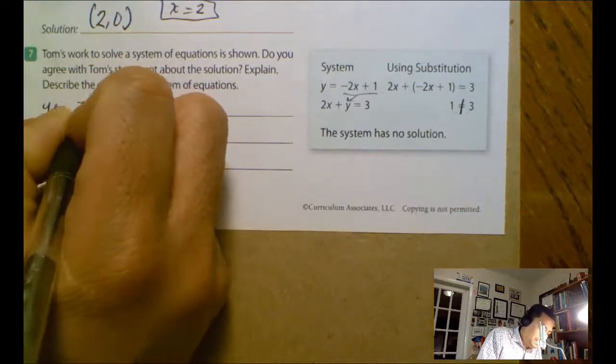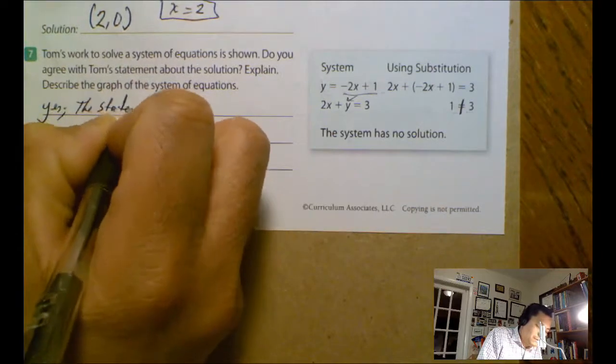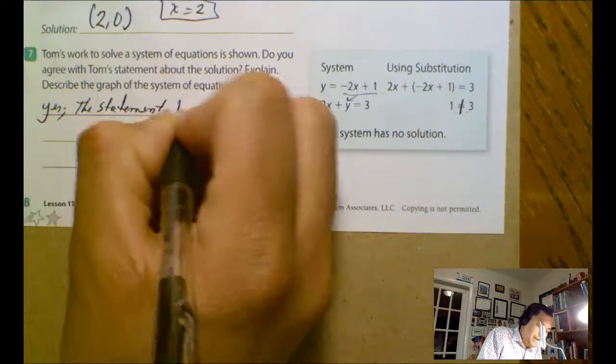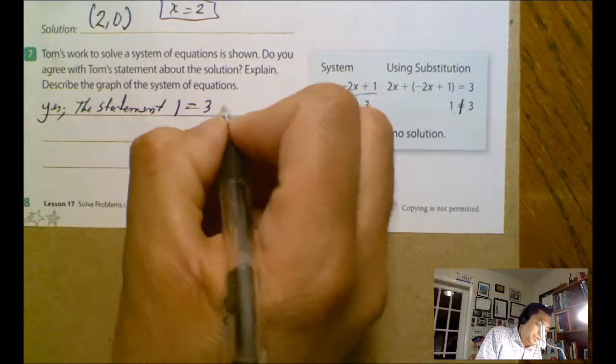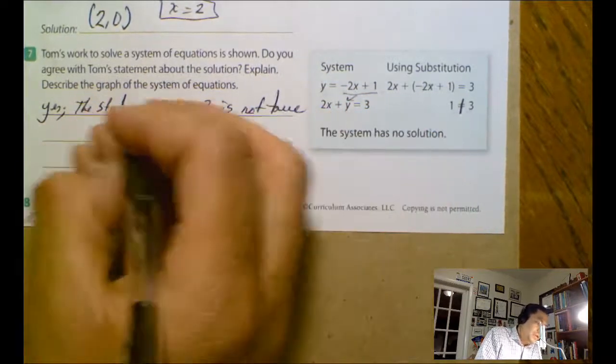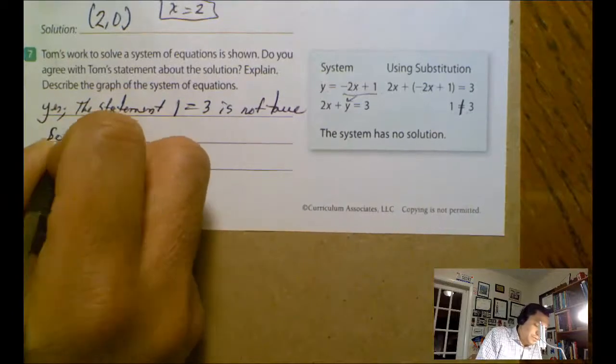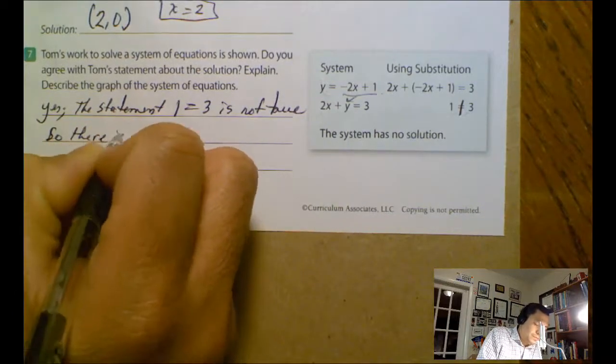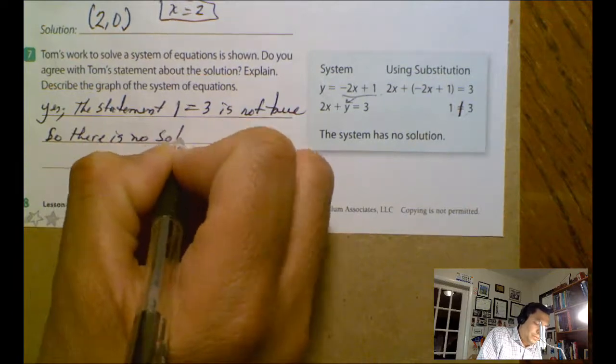The statement 1 equals 3 is not true. So there is no solution.